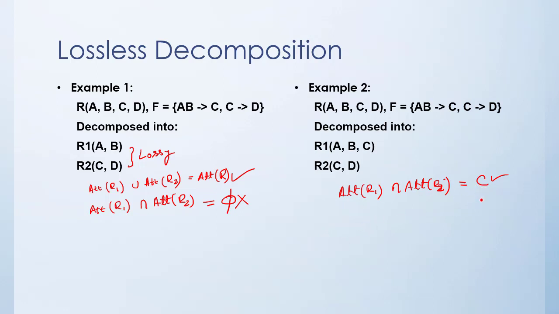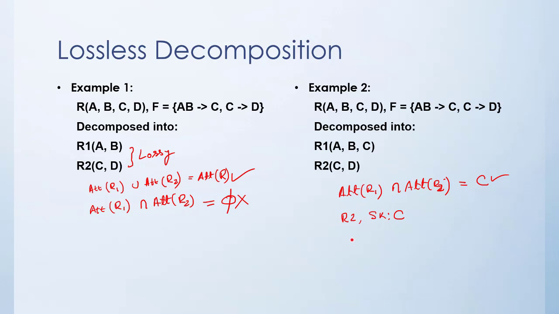What is the common attribute over R1 and R2? That is C. The third condition says that C should be a super key of any one of the relations. How can we find that? As C determines D and in the second relation C and D are present, we can say that for relation 2, C is a super key.